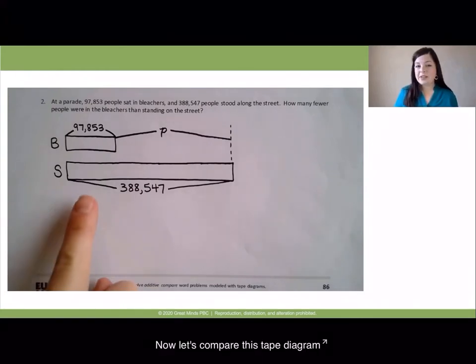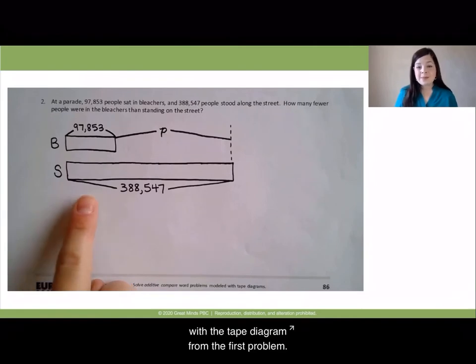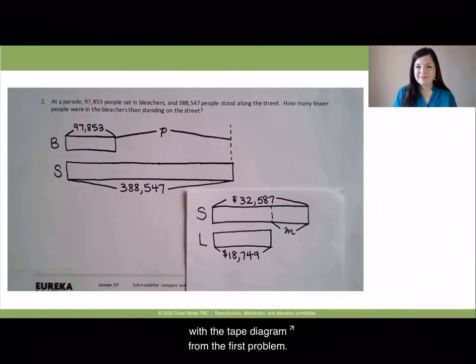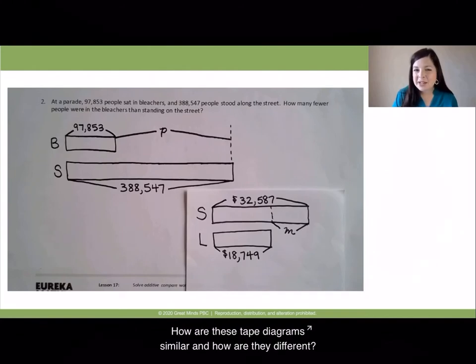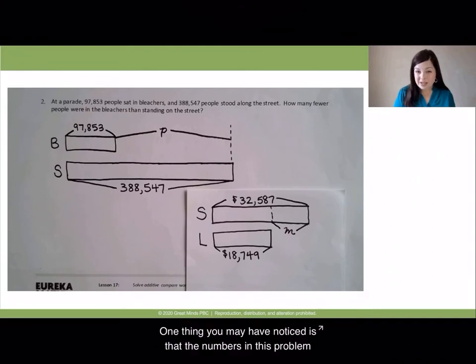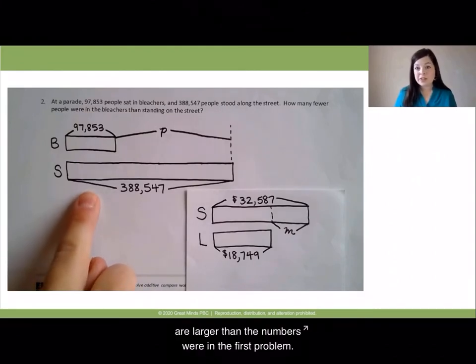Now let's compare this tape diagram with the tape diagram from the first problem. How are these tape diagrams similar and how are they different? Pause the video to reflect. One thing you may have noticed is that the numbers in this problem are larger than the numbers were in the first problem.